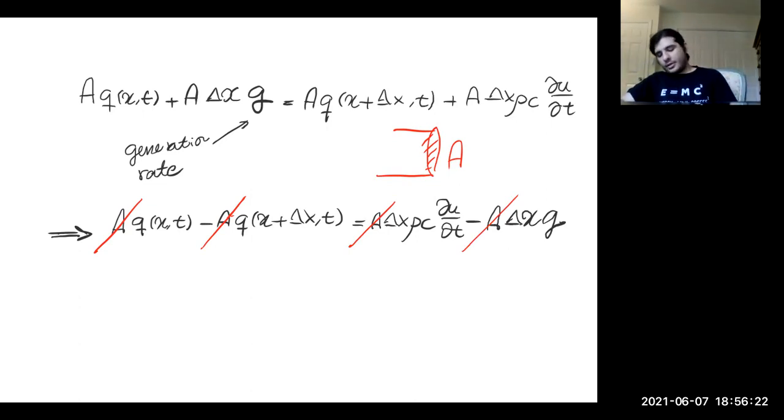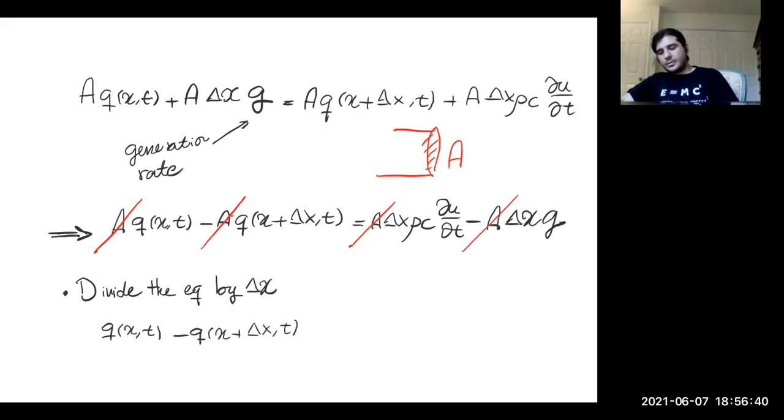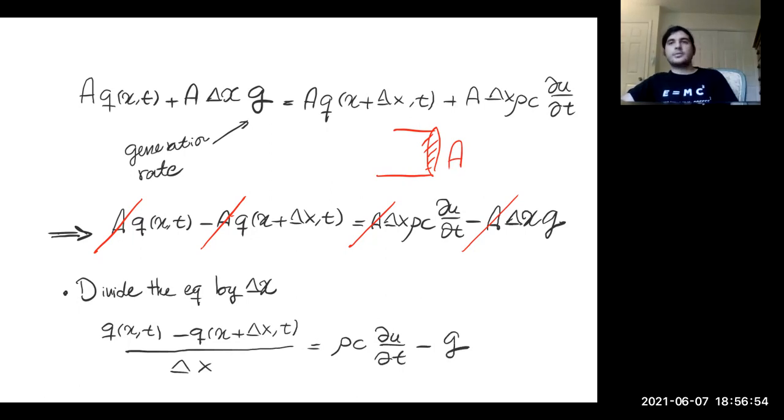So now if we divide the equation by delta x, we would get q of x and t minus q of x plus delta x and t, divided by delta x, is equal to rho c delta u over delta t minus g. That's what we are going to get.